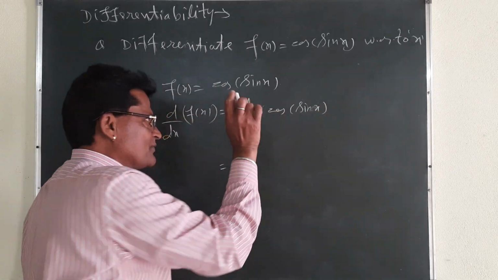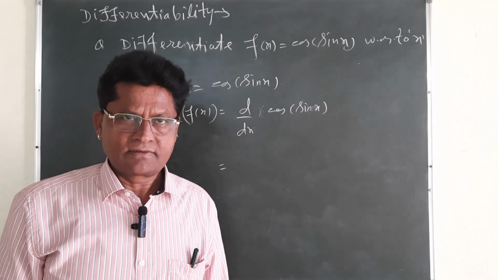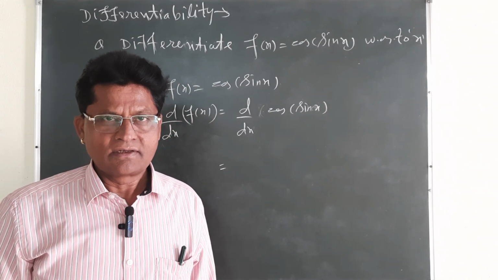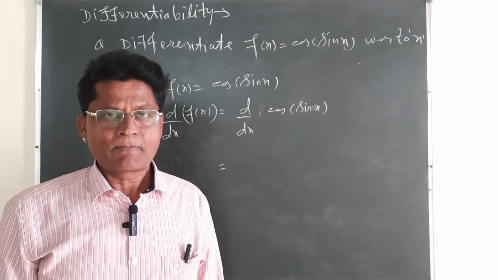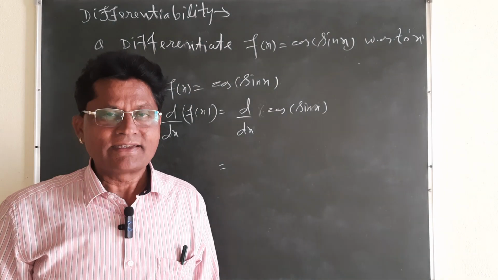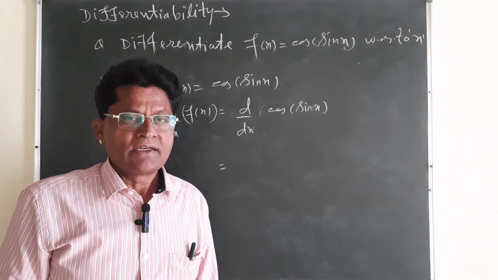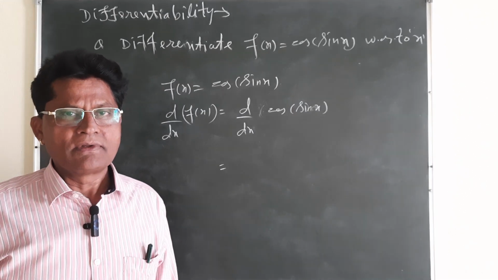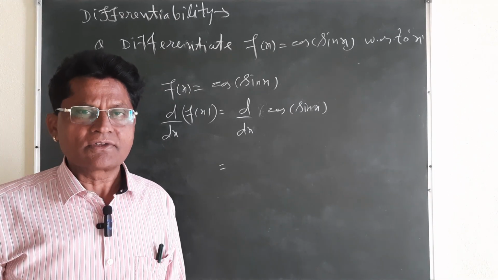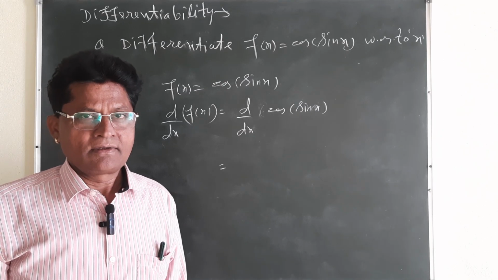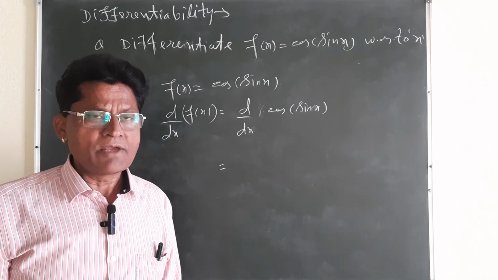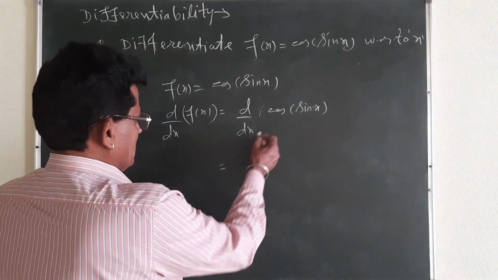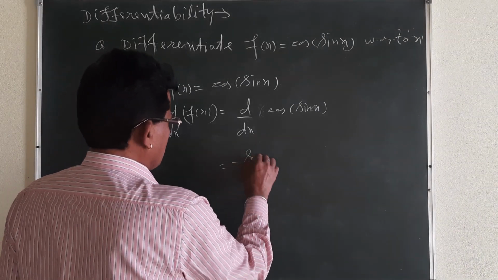First of all, you will have to differentiate cos theta, where in place of theta is sin x, and the differentiation of cos theta is minus sin theta. I told you, whenever co comes in the trigonometrical functions, its differentiation will be in negative form. I have given this concept so that you will remember it and not forget it at the time of solving questions. So it will be minus sin.